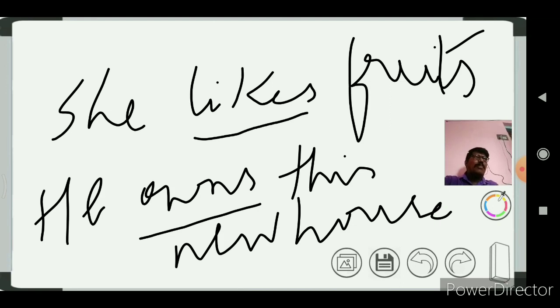Own is also a possession. It's a possession. It's not an action, but it is also a verb. This is called a stative verb. It's a state. Stative verbs. A stative verb is just a state or a feeling. It's not action. It's a state of feeling rather than action.